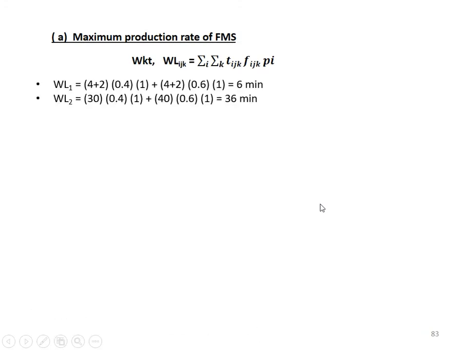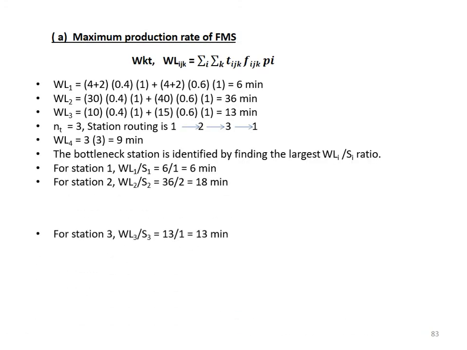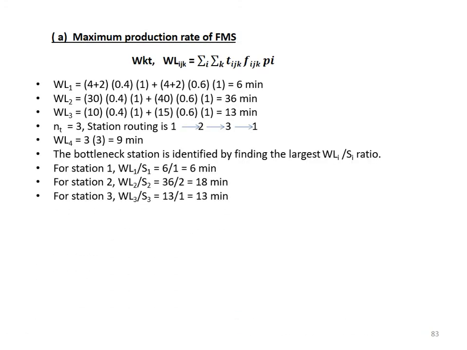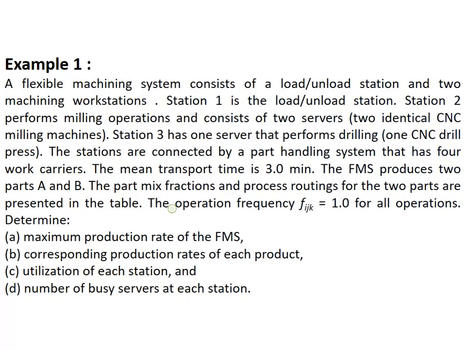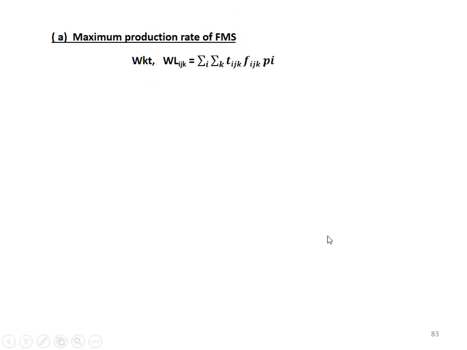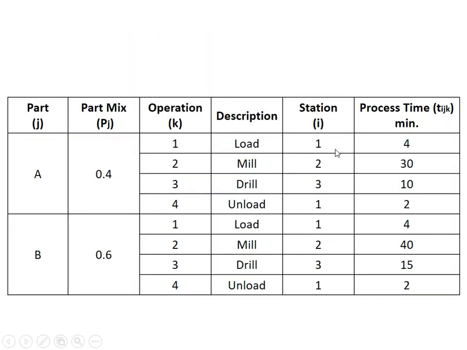In the same way we will calculate over here. From this particular value we are calculating this, and for station 4 we have 4. If you get confused, just refer to this particular table, where, as you can see here, 1 2 3 1.